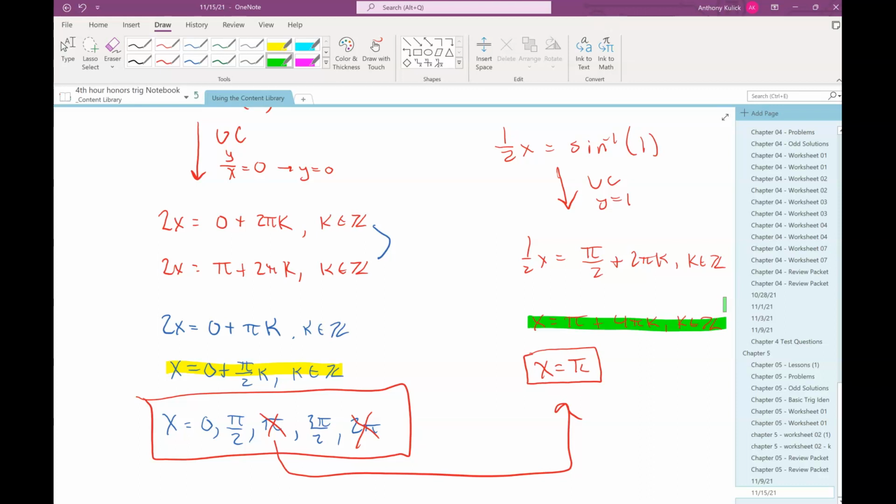So every solution in the green is actually one of the solutions in yellow, so I don't even need the green at all. If I were to list the infinitely many solutions, I wouldn't even list the green one. Not wrong if you do, but if you're looking at my answer key, it would not be there. So again, I want to point these things out just so you're not confused when you're like, what happened to this solution? It's like, well, it's included in there, so I didn't write it down.